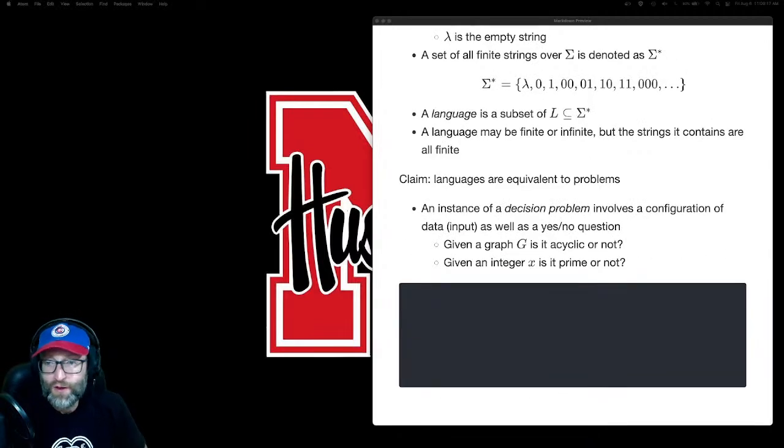An instance of a decision problem involves a configuration of data input as well as a yes or no question. So given a graph G, does it contain a cycle or not, or is it acyclic? Right? Given an integer x, is it prime or composite? Right? You have the answer to those questions. The answer to those questions is yes or no.